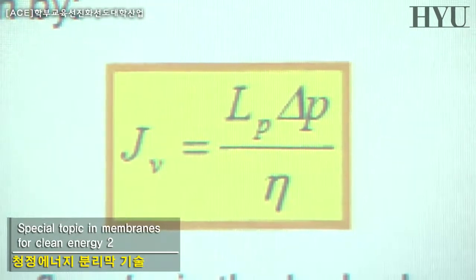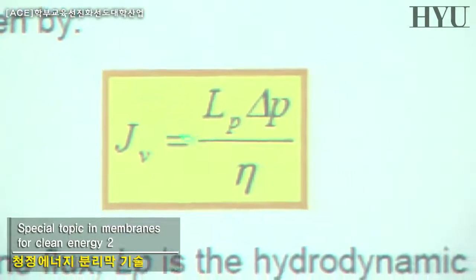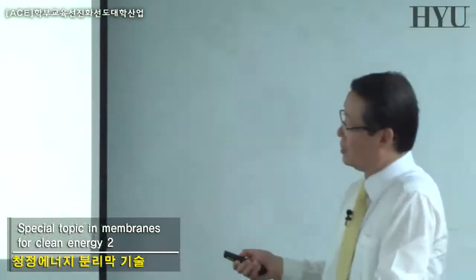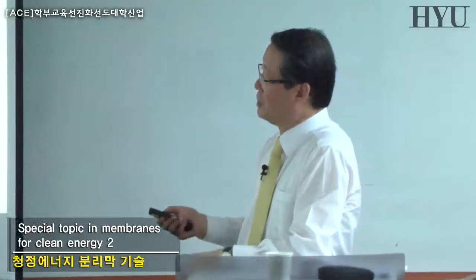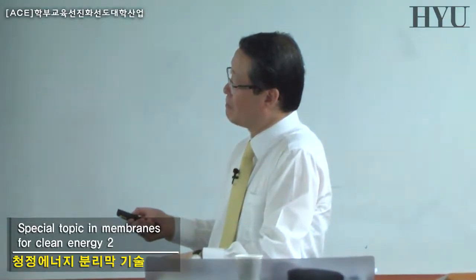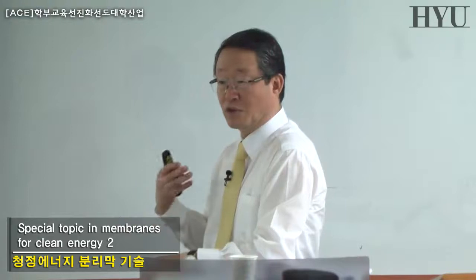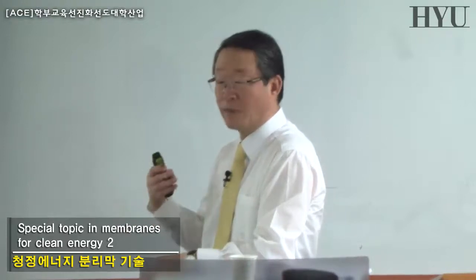What about LP? LP is the solvent permeability, and so we have to think about this LP anyway. Permeability is related with the structure of your polymer, the structure of your membrane.